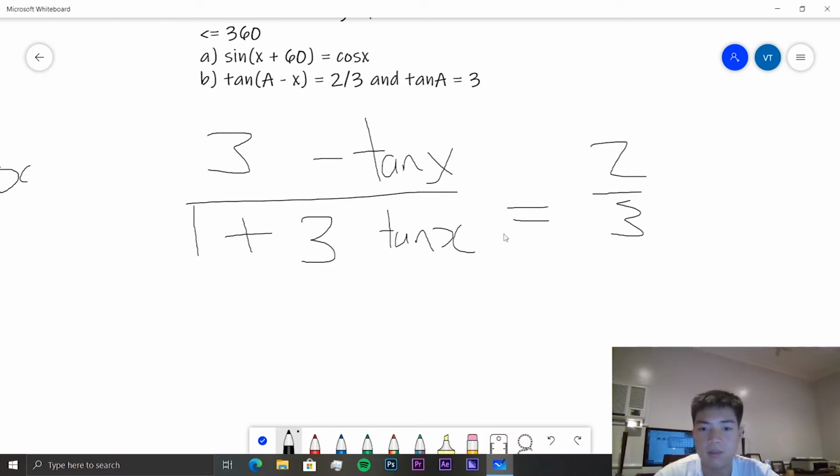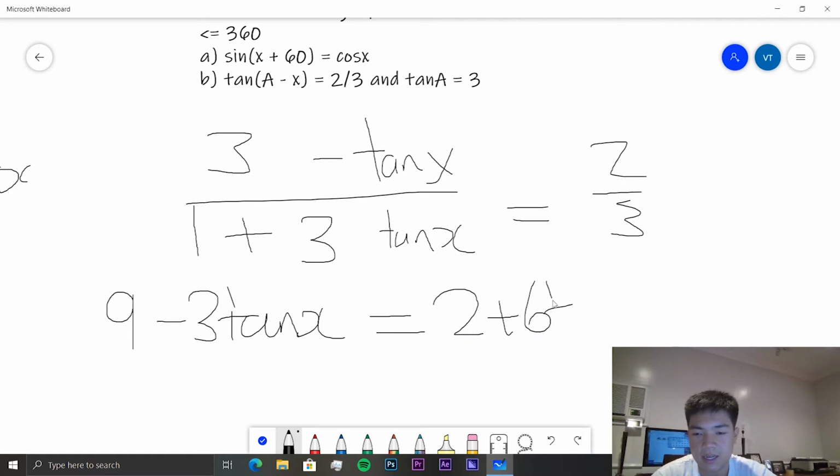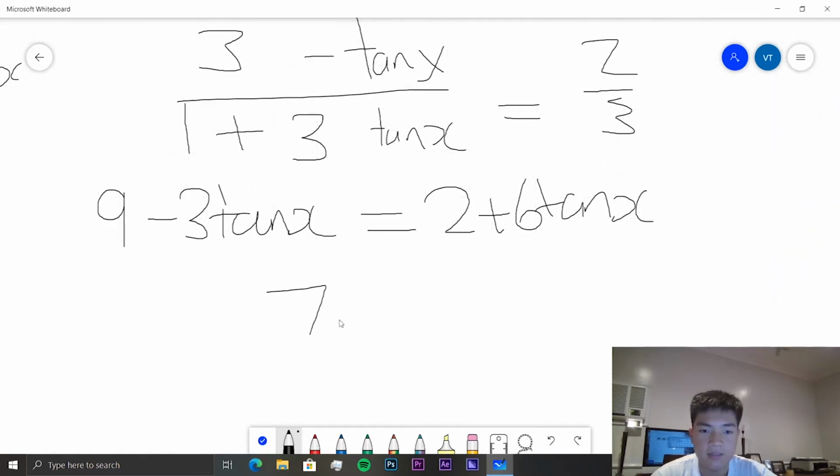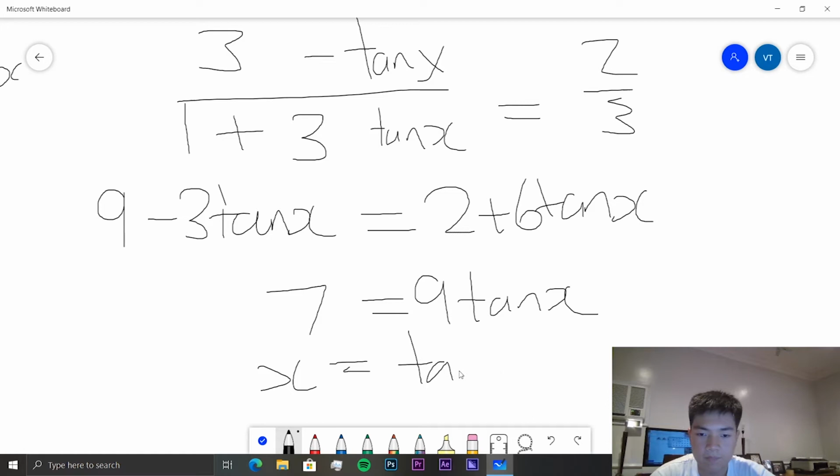So if we multiply both sides, we get 9 minus 3 tan x is equal to 2 plus 6 tan x. So we get that 7 is equal to 9 tan x. So x is equal to the arctan of 7 over 9.